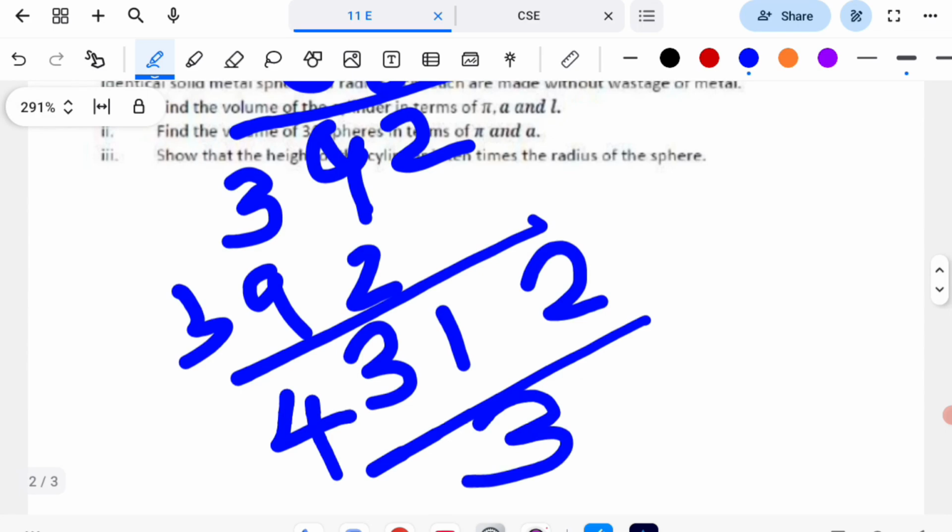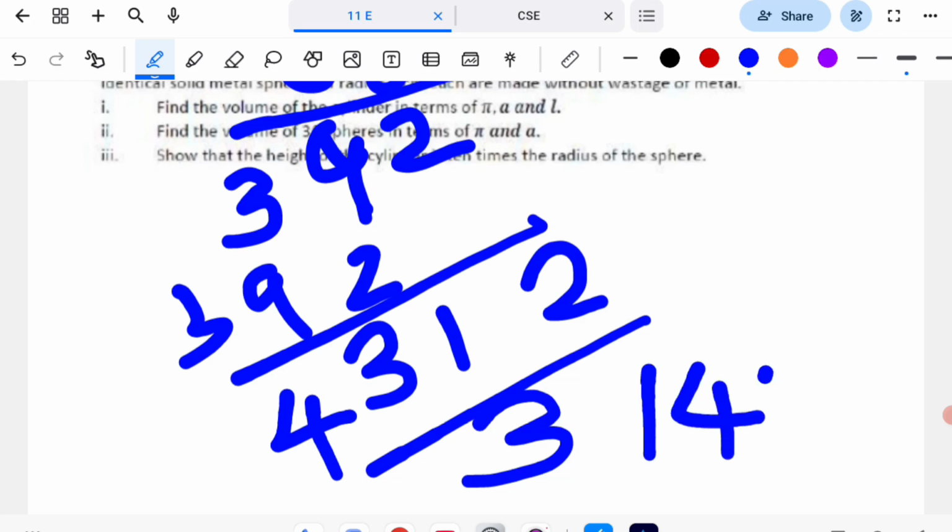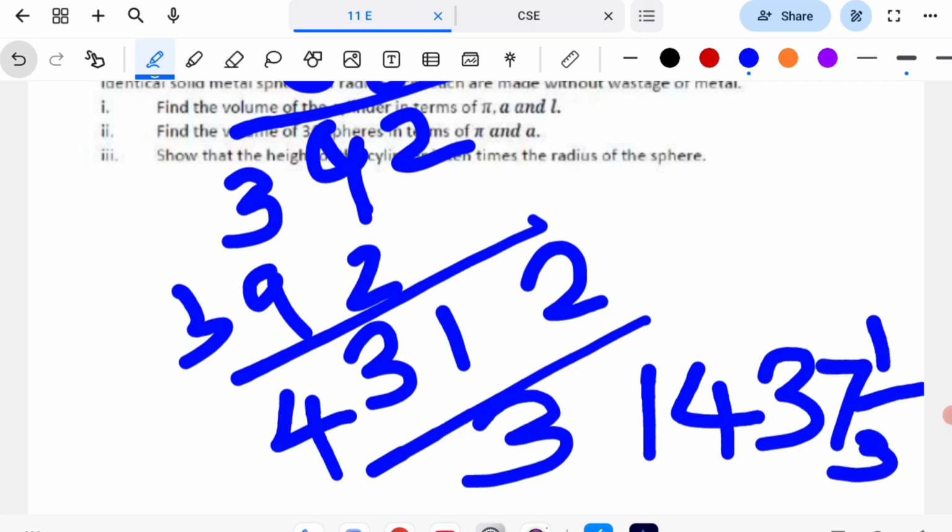And we have to divide it by 3. 4 divided by 3, 1. 1 remaining. 13 divided by 3, 4. 1 remaining. 11 divided by 3, 3. 2 remaining. 22 divided by 3, 7. 1 remaining. We can write it as a mixed number, 1 over 3. 1437 and 1 over 3. And we have to put the unit cubic centimeters.